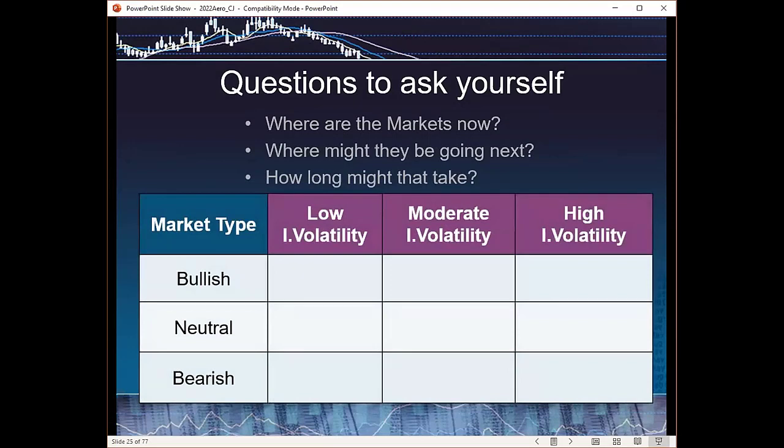So a simple matrix: across the top, I have low, moderate, and high volatility, or implied volatility. And on the left, I have bullish, neutral, or bearish markets. Where are we now? Well, that's probably pretty obvious: a high volatility bearish market.